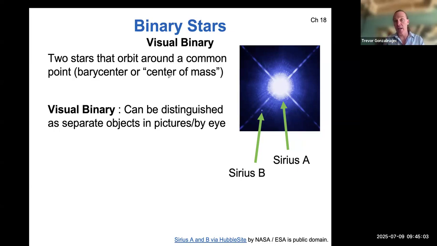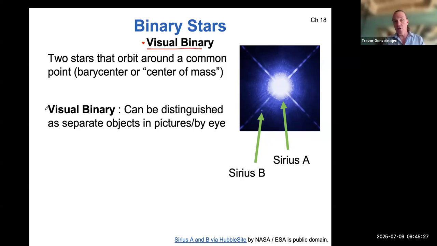So that's why we're going to be talking about, for example, a visual binary system. It doesn't say at all what types of stars they are, whether they're blue or yellow or hot or cold or big or small. All that this name means is our view of the binary system.